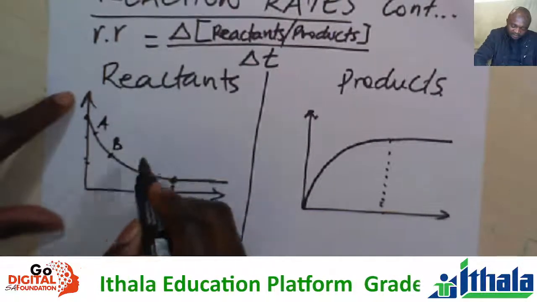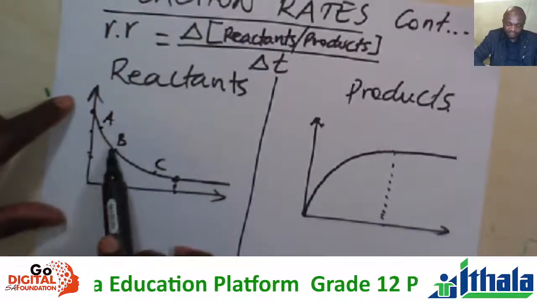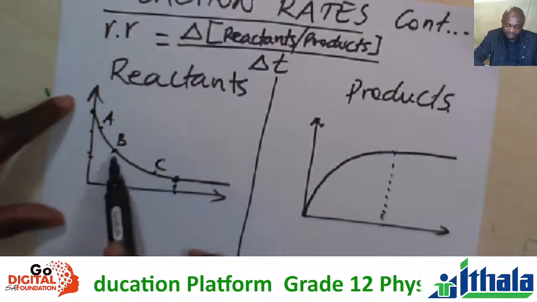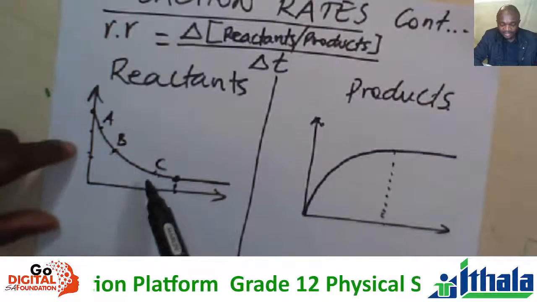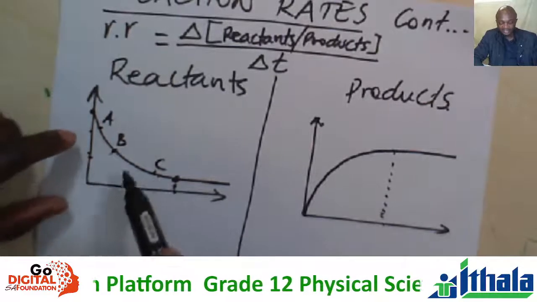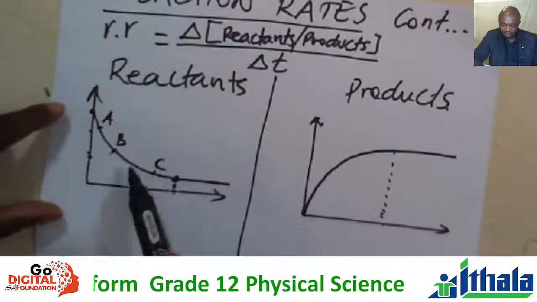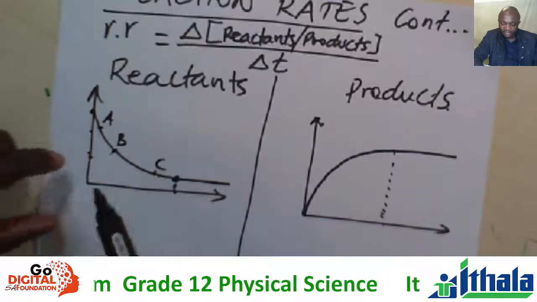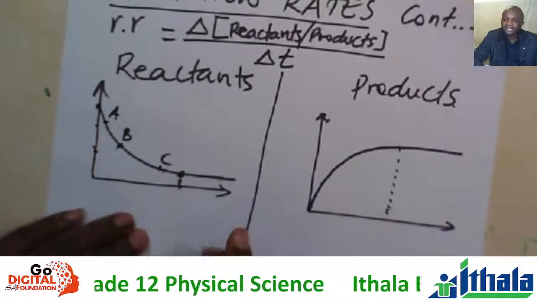A, point A, point B, point C. So uzobona ukuthi the gradient between A and B is not the same as between B and C. So that makes ukuthi sibe nama reactant ama gradient amaningi. It will always depend from ama values unawo, right? Because it is a curve.